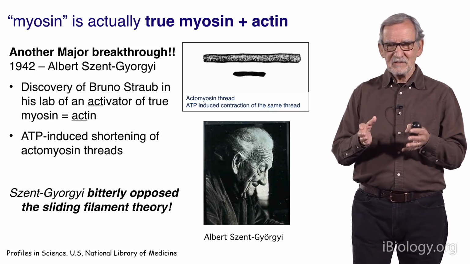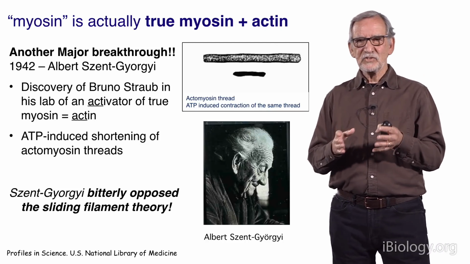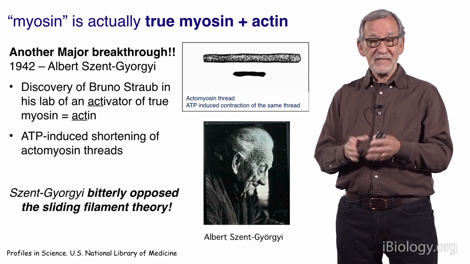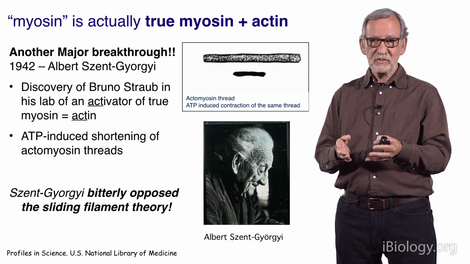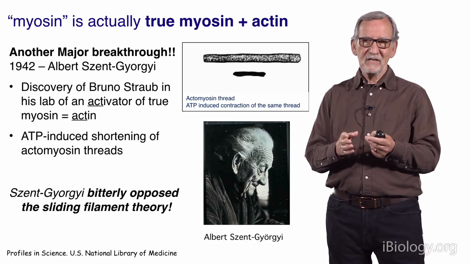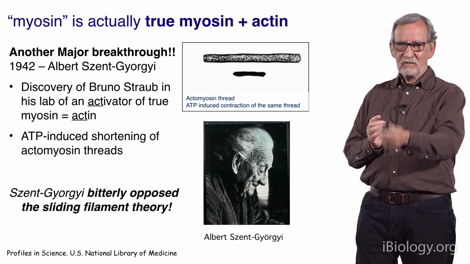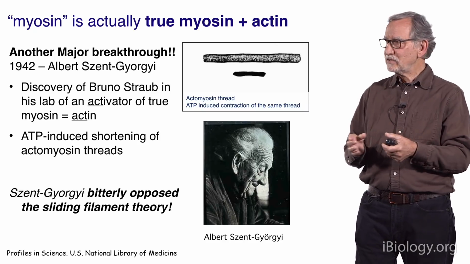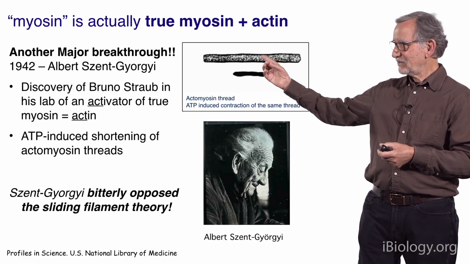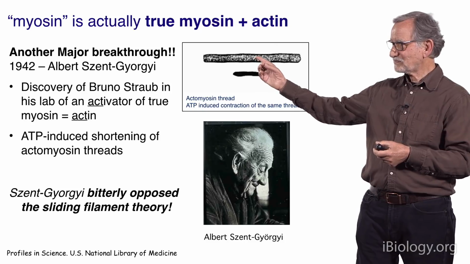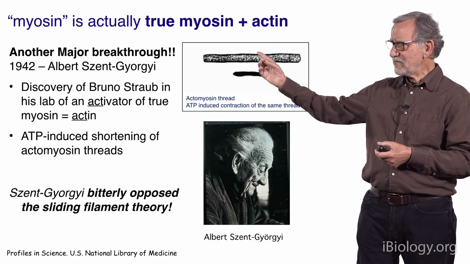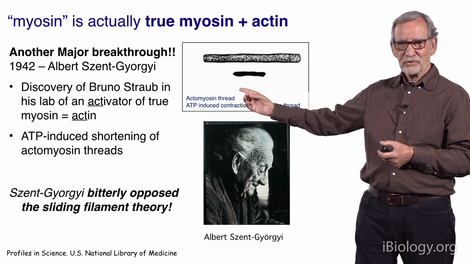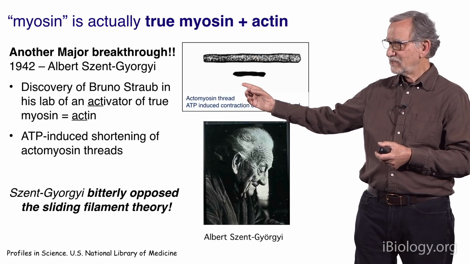He took this actin-myosin mixture and put it in high salt, in which case it was clear that it was very soluble. But if you squirted it out of a syringe into a low-salt buffer, it became insoluble and turned into a thread, such as shown here. And then when he added ATP to this, in fact, it shortened as shown just below.